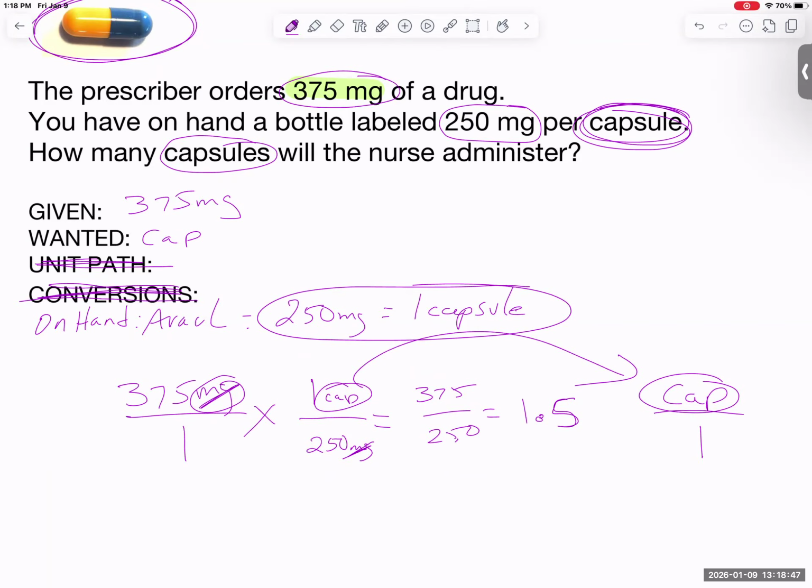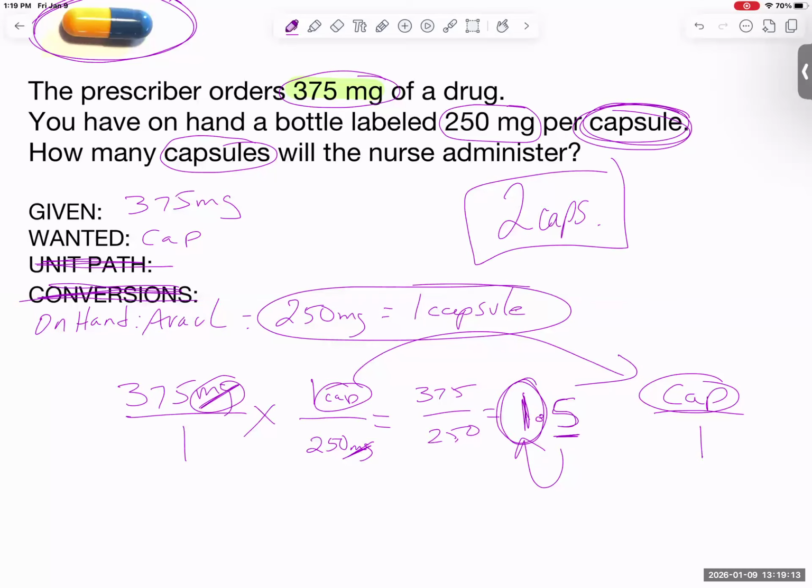So what's the final answer? 2 capsules. Yes. So I have to round to a whole number. I look to the right. It's 5 and up, so I round this number up. So the final answer is 2 capsules, or you can write 2 caps.